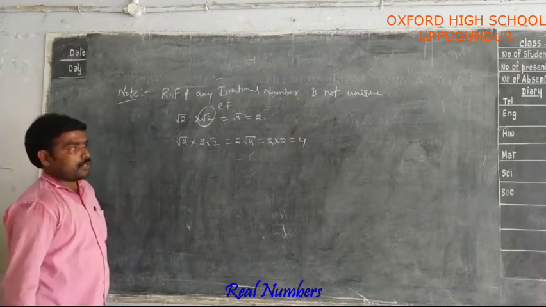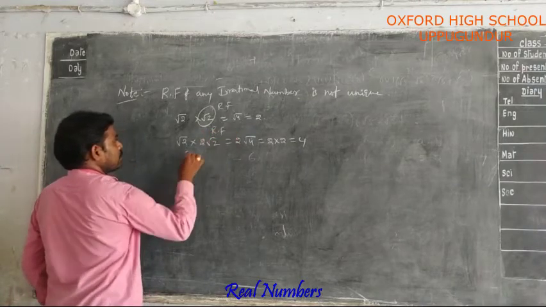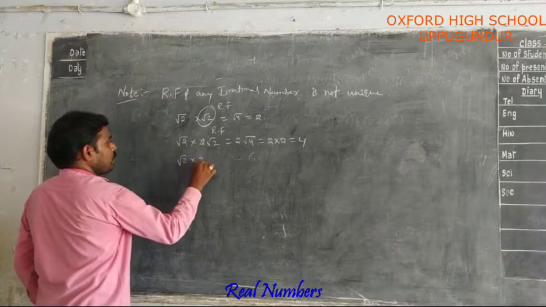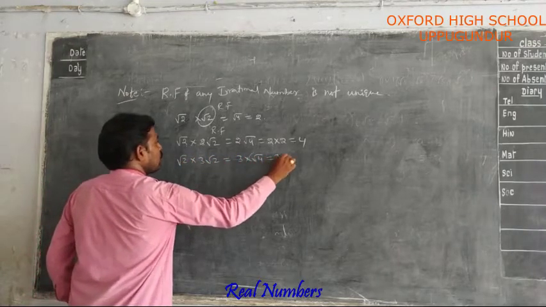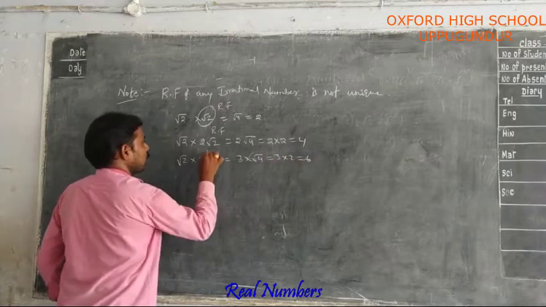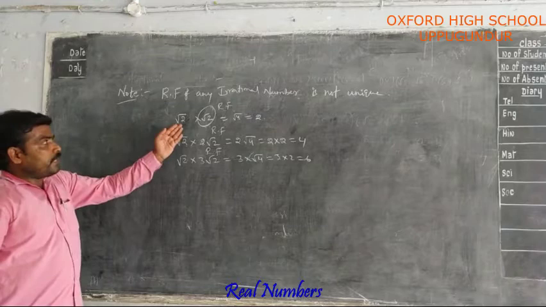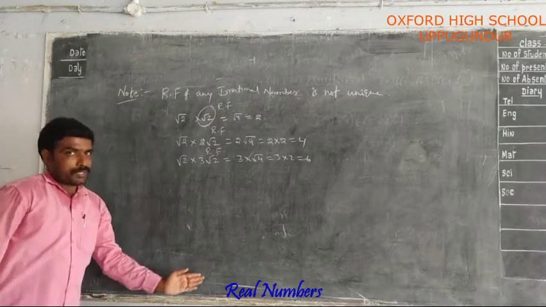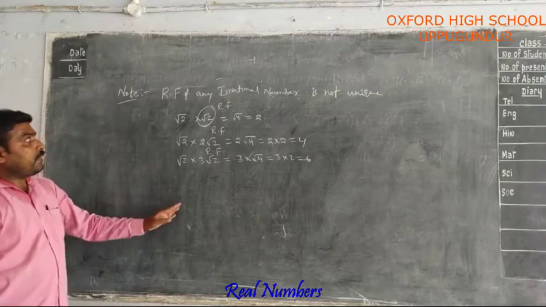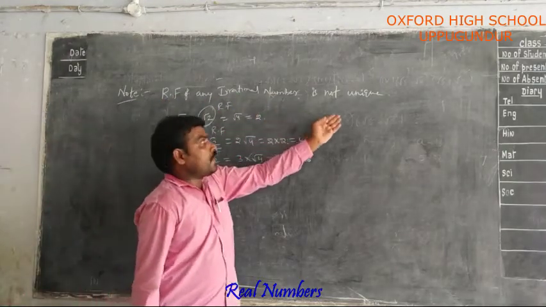This is also a rational number. This is another rationalizing factor. Root 2 into 3 root 2, you get 3 into root 4, 3 twos are 6. This is also a rationalizing factor. That means if you want to write the rationalizing factor of root 2, we can write any number of rationalizing factors like this. That's why the rationalizing factor of any irrational number is not unique.